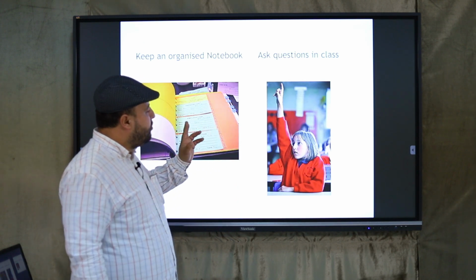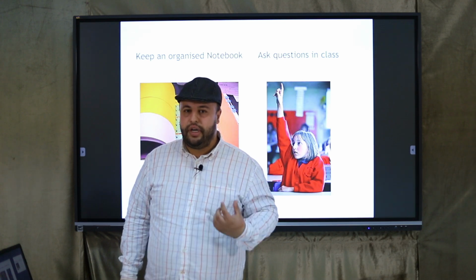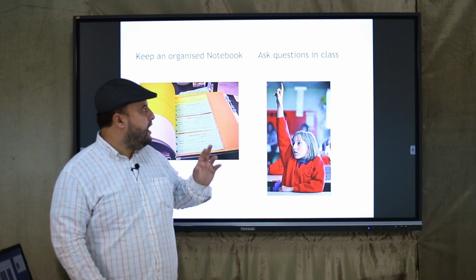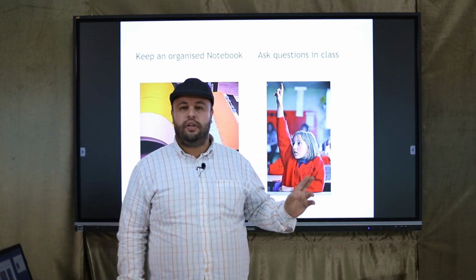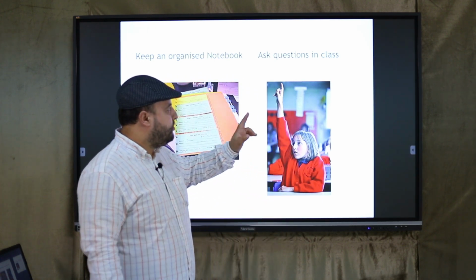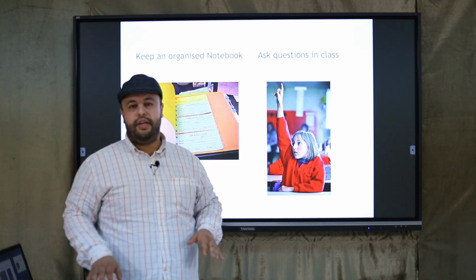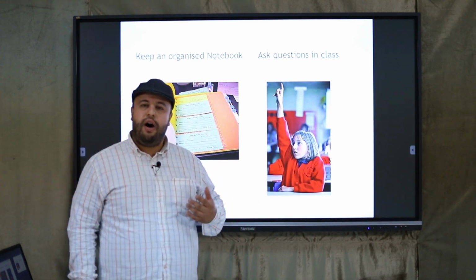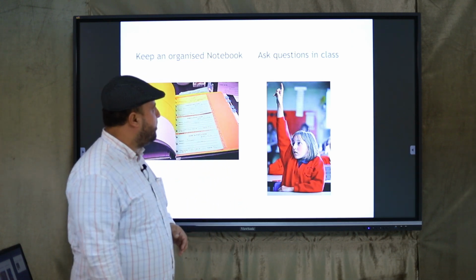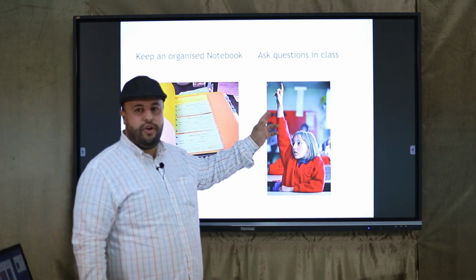So if you want to make your brain and your mind ready to learn and to grasp and to take knowledge from the classroom, these are the two fundamental tactics that students should take into account. These two tactics should be taken into consideration because they are very significant for empowering and sustaining the students' learning process. So: keeping an organized notebook and asking questions in the classroom.